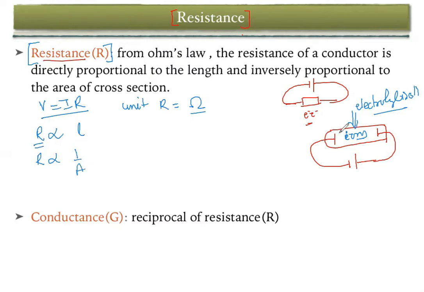L is the length of the tube, A is the area of cross section. So the resistance of a conductor is directly proportional to the length and inversely proportional to the area of cross section. We can write R is equal to a constant of proportionality into L by A. This constant of proportionality is known as rho, and this is called resistivity.